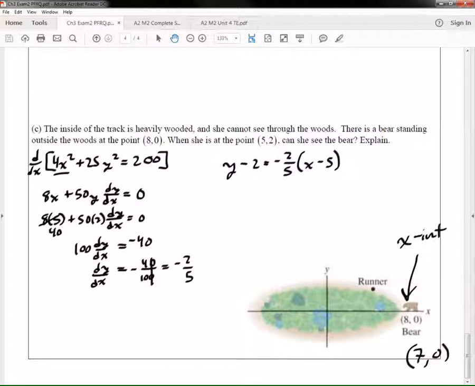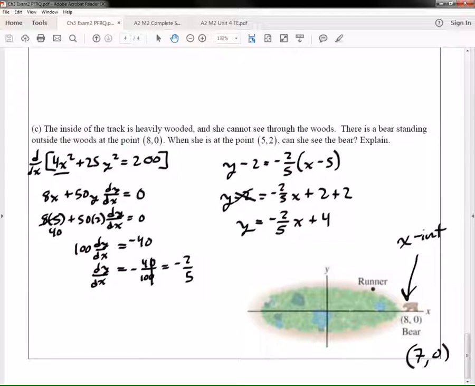Then I gotta simplify this. I get negative 2 over 5 x, and positive 2. I love that. When we have a fraction multiplying to its denominator, the denominator goes away. Then we have y minus 2. We're going to add 2 to both sides. My tangent line is y equals negative 2 over 5 x plus 4.